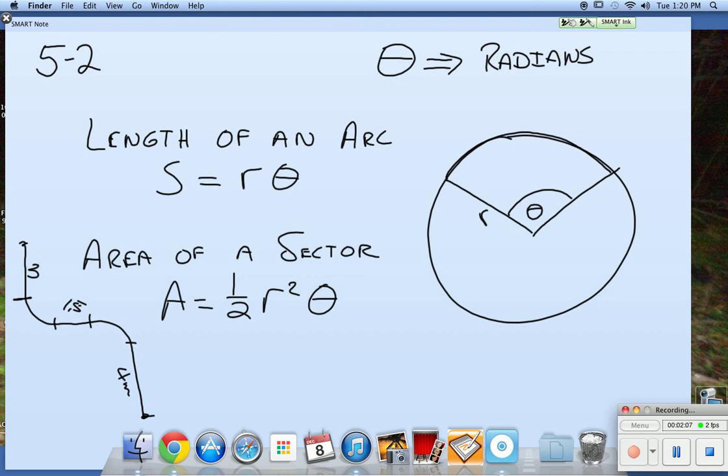I would be able to use my sectors. If I found out how long my radius is here, I would be able to figure out with these degrees what the length of my arc is in here.